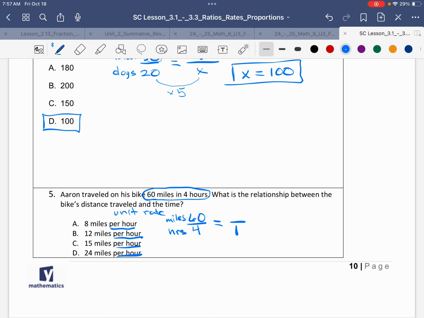So again, you can see from here to here, we would divide by 4, because 4 divided by 4 is 1. So that is our scale factor.